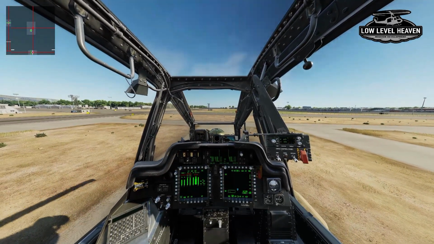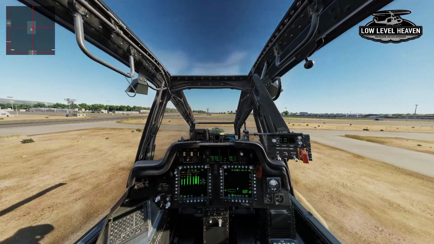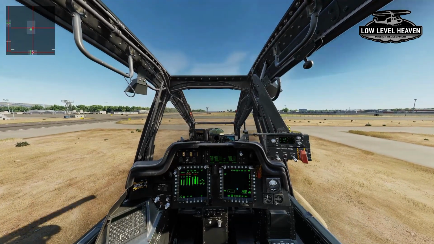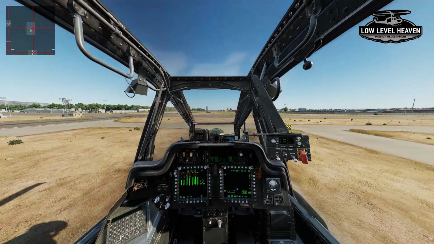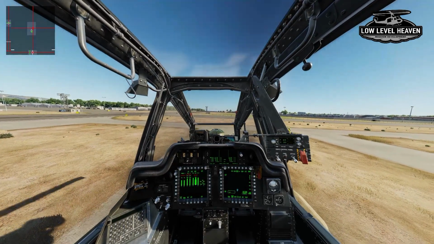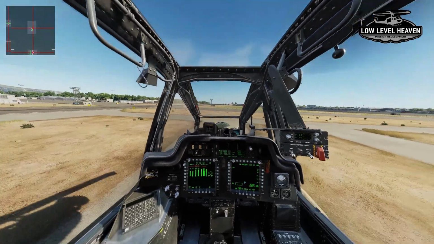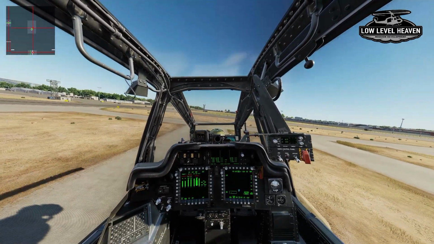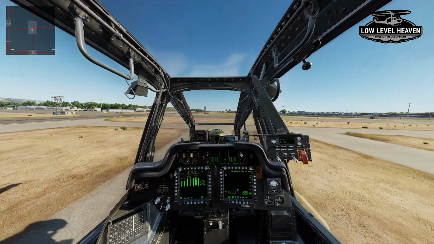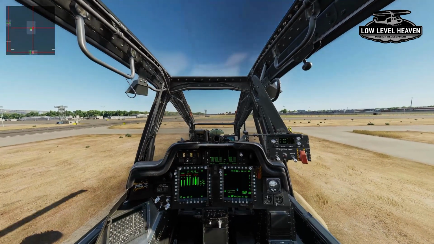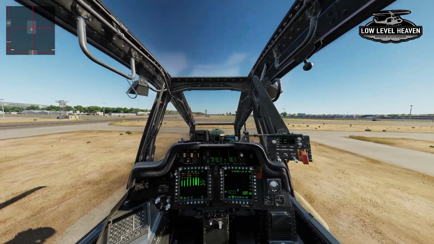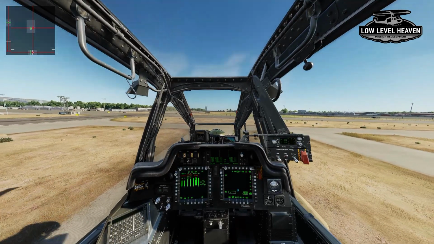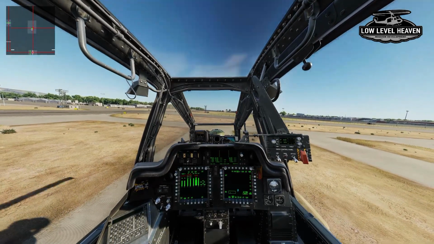We do not take the time to bring the aircraft under control on the second step, where it's still on the ground but light on the skids, in that case, light on the wheels. We do not take the time and we pick up the helicopter, look what's going on, how it's moving, and then try to reduce the movement and bring it under control, which is a bad way to do it.